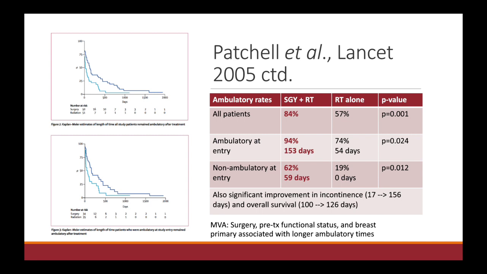And surgery didn't just improve ambulation, it also significantly improved incontinence as well as overall survival. And it was a significant factor associated with longer ambulatory times on multivariate analysis, in addition to the pre-treatment functional status as well as having a breast primary. So clearly there is a benefit to decompressive surgery plus radiation.